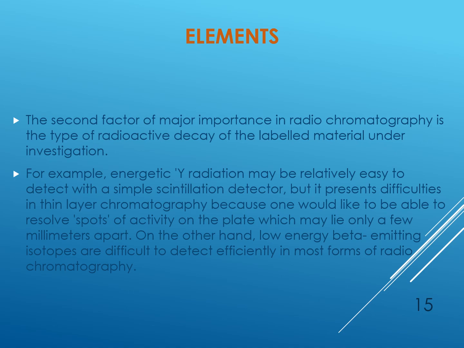On the other hand, low energy beta emitting isotopes are difficult to detect efficiently in most forms of radiochromatography.